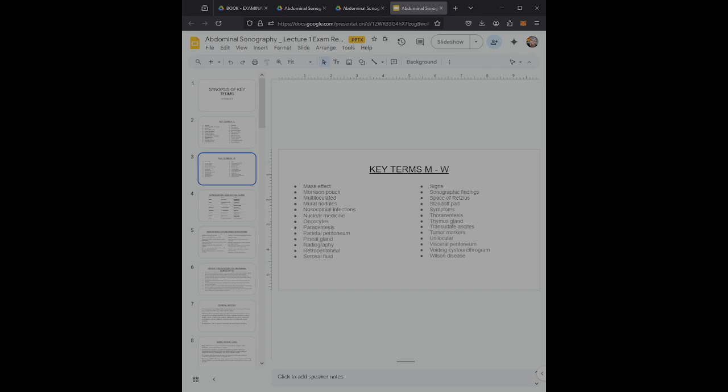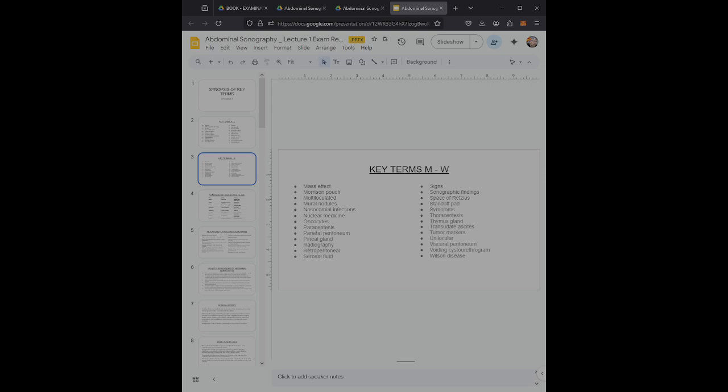The parietal peritoneum, this is a portion of the peritoneum that lines the abdominal and pelvic cavities. The pineal gland is an endocrine gland located in the brain that secretes melatonin. Radiography is a diagnostic imaging modality that uses ionizing radiation.